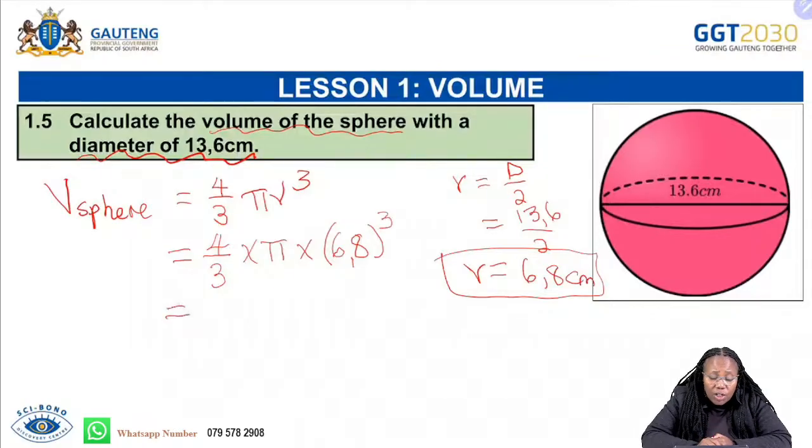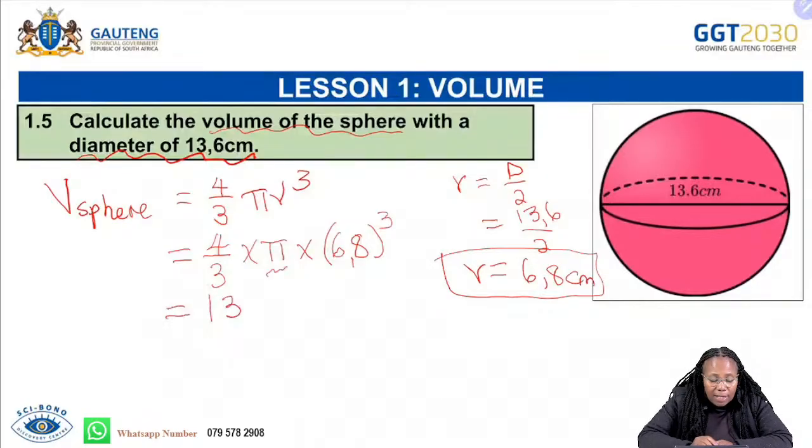Okay, and then into your calculator, everything into your calculator, straight to the answer. You even have this pi button on your calculator. You can use that one. Do not use the rounded off one of 3,14, please, because it will affect your final answer. We will only round off at the final solution. So you put everything into your calculator straight to the answer.